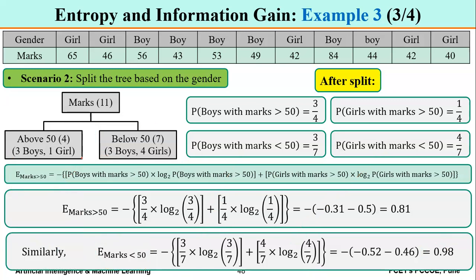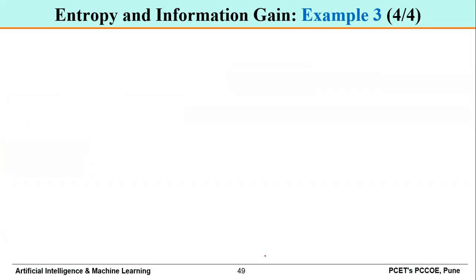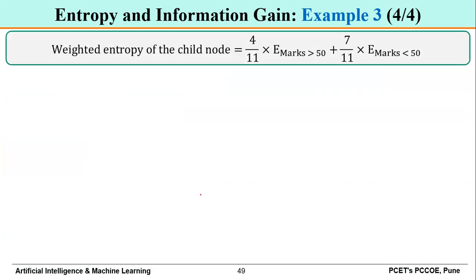So see here, after the split, for the first child node we got entropy as 0.81, and for the second child node we got entropy as 0.98. Now we need to calculate the weighted entropy as well.